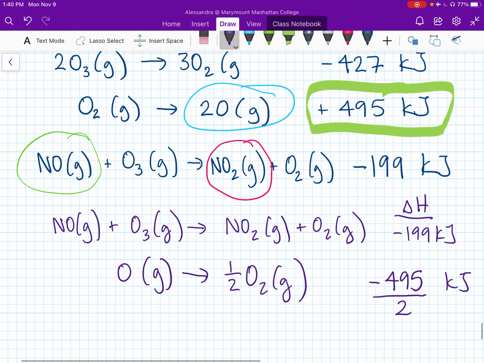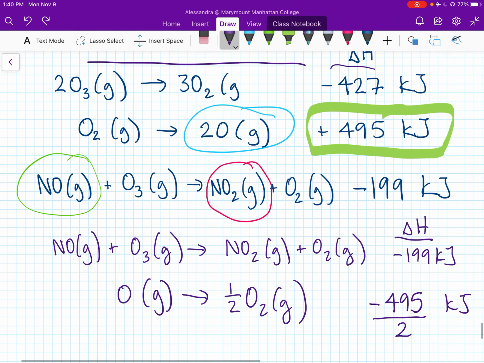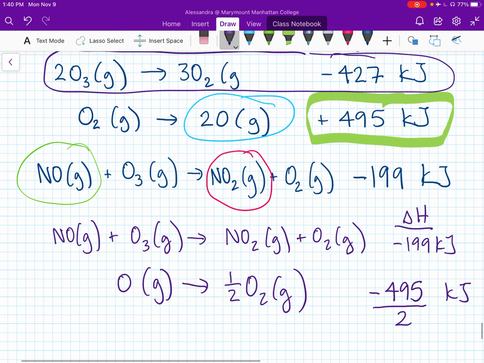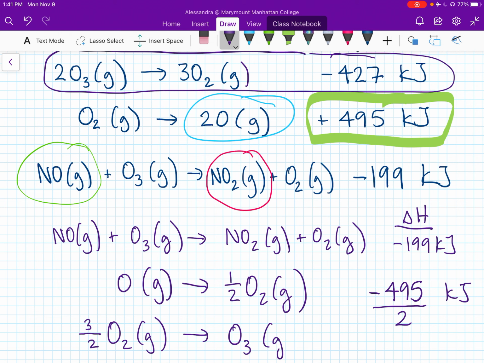Well, it looks like I have ozone on the left side from this reaction here. So if I take this reaction and flip it over and divide by 2, it looks like I'm going to be able to get rid of the ozone. So I'm going to divide the reaction by 2 to get 3/2 of oxygen, going to 1 molecule of ozone.